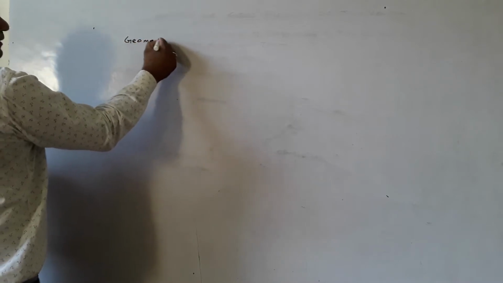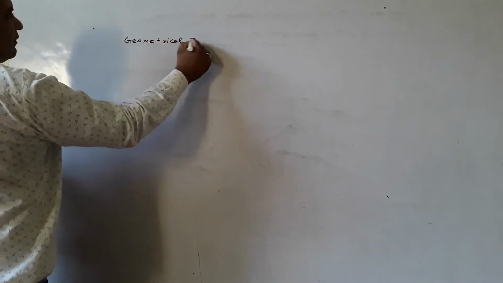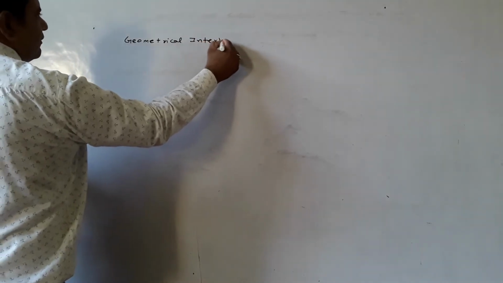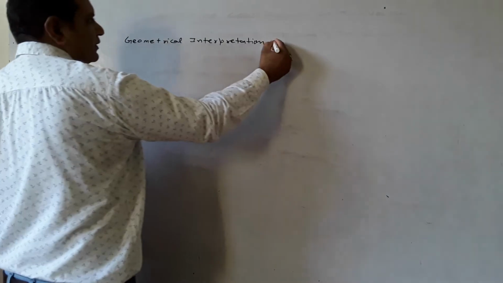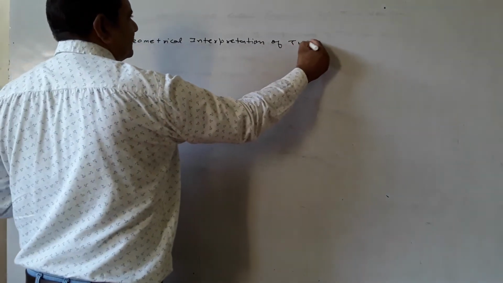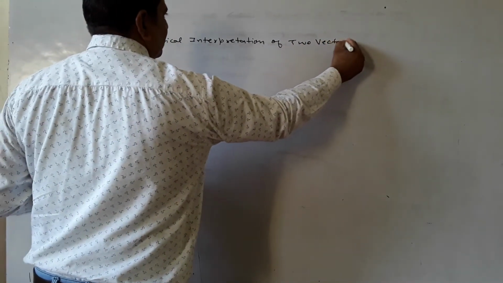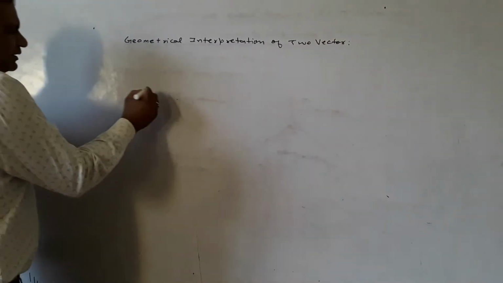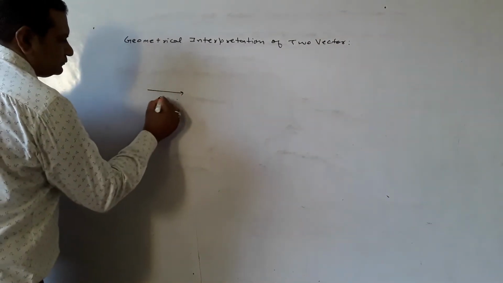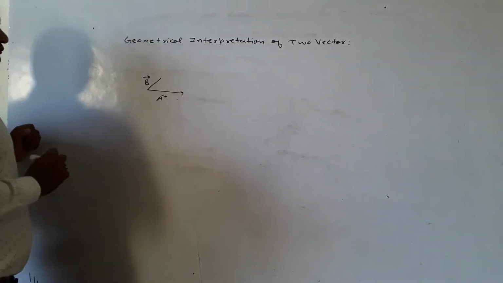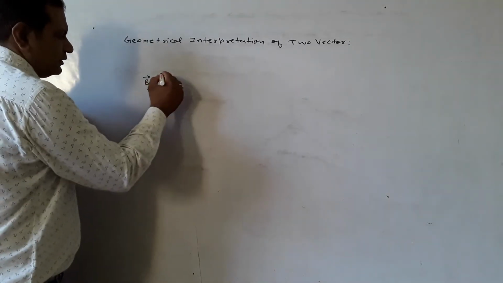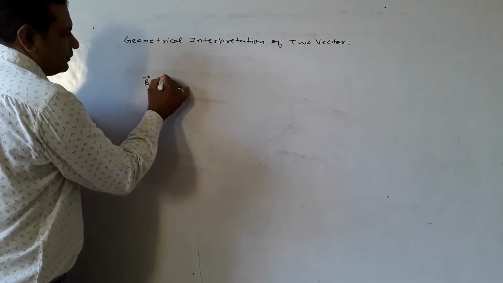Geometrical interpretation of the cross product of two vectors. This is vector A. This is vector B. Now, complete the parallelogram.